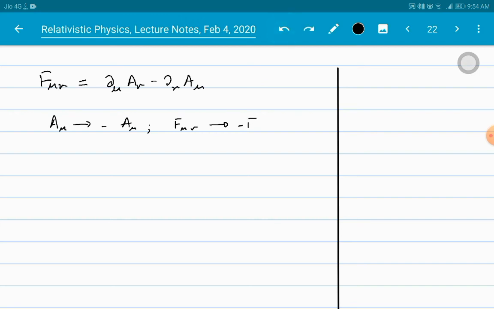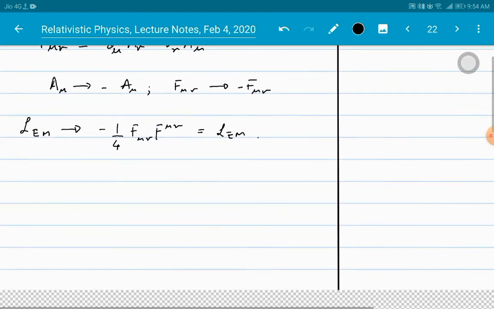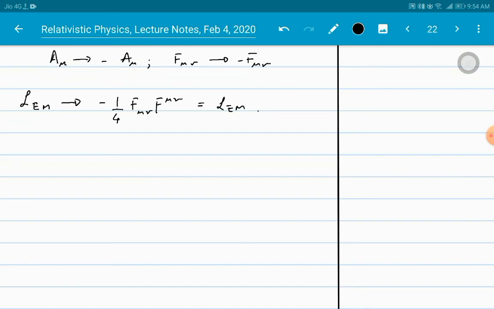However, the Maxwell Lagrangian, which involves the square of the field strength, remains the same. So there is no effect of the change of this sign of the vector potential on the equations of electromagnetism. So as long as you reverse the sign of both the scalar potential and the vector potential at the same time, you get the same physics.